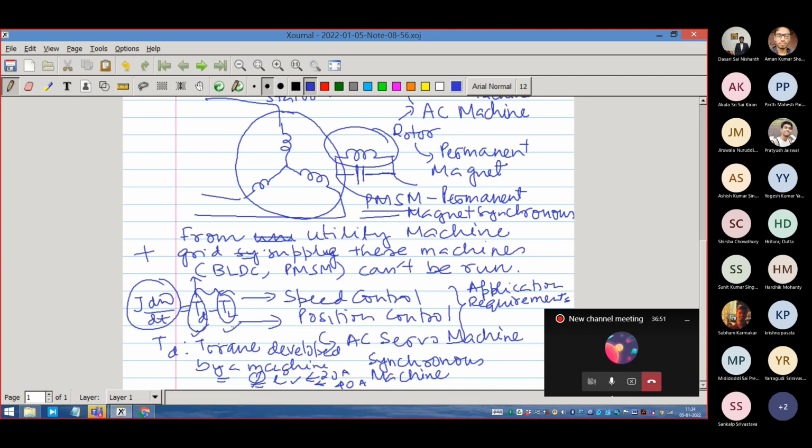This process will continue: accelerate, decelerate, accelerate, decelerate. However, ultimately, suppose you had given a reference like this, the actual speed will go up first, then oscillate, and then ultimately come down to this. This will be the new speed.